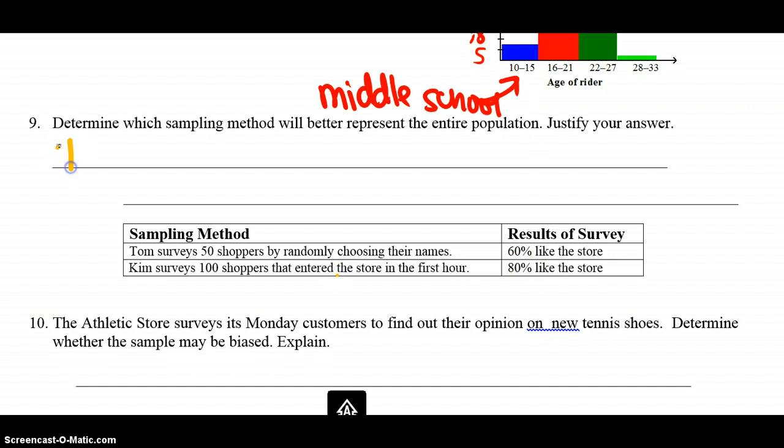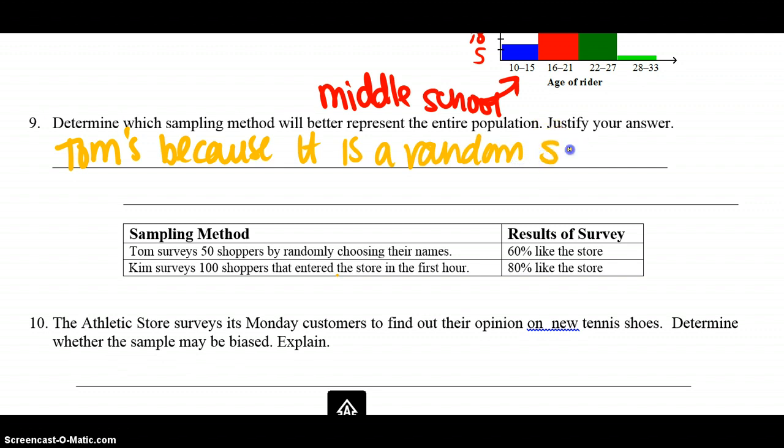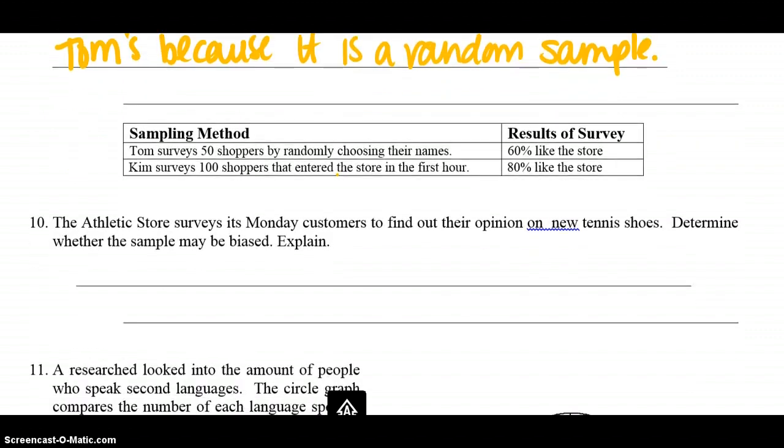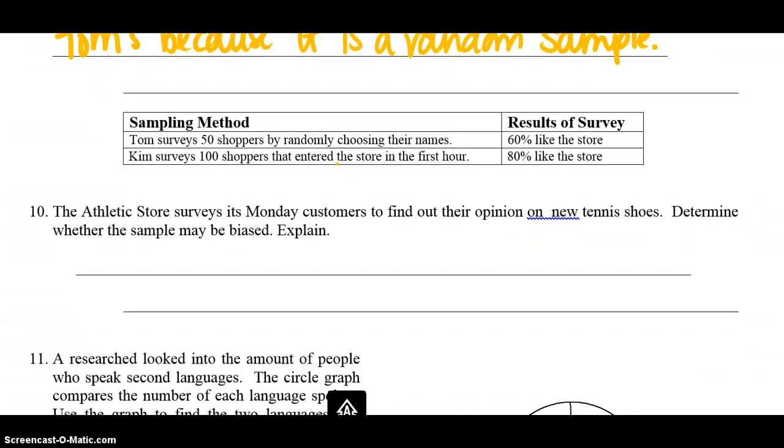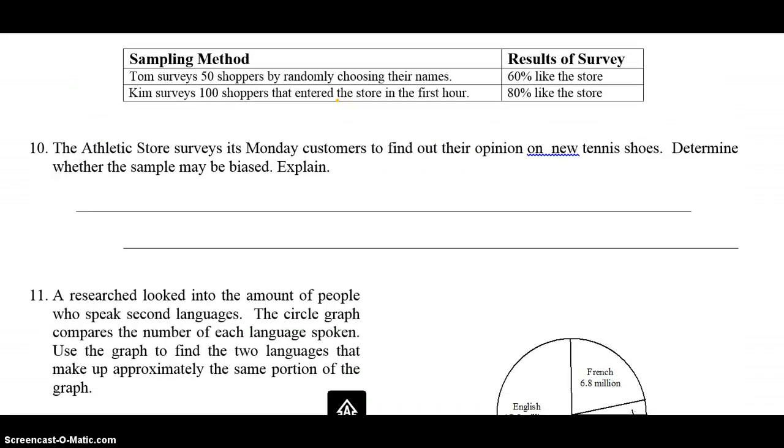So Tom's method would best represent the entire population because it's a random sample. He randomly chooses names. Kim ends up picking the people who entered the store within the first hour, and that's not very fair because they probably really like the store if they're there within the first hour of it opening.